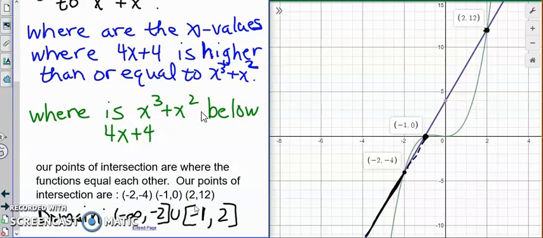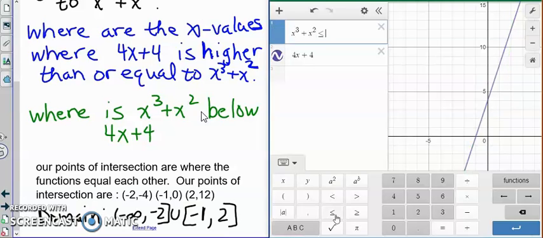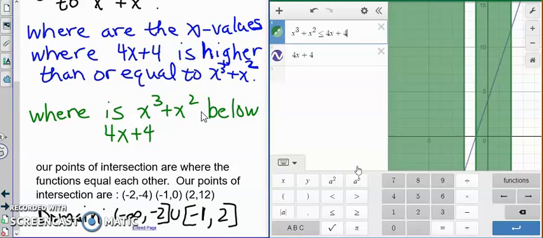All right, now, another good thing that we talked about in class, and I didn't even think about this until students said it, we can actually put this all together in one line. But with that, you have to make sure that you understand what we're looking for.